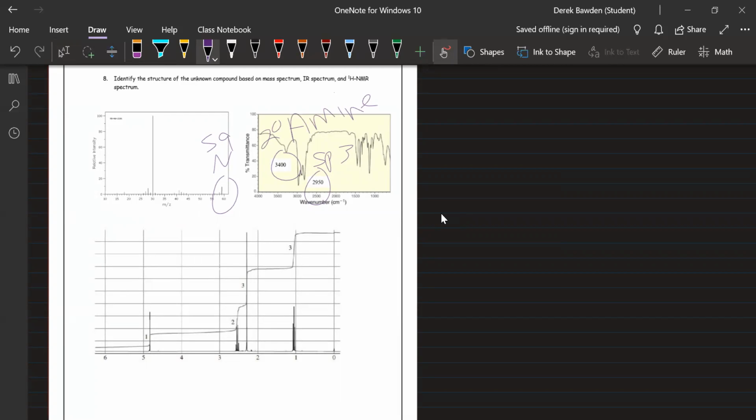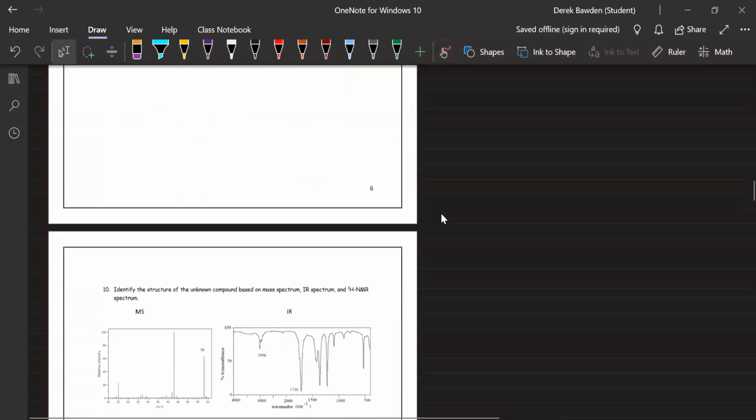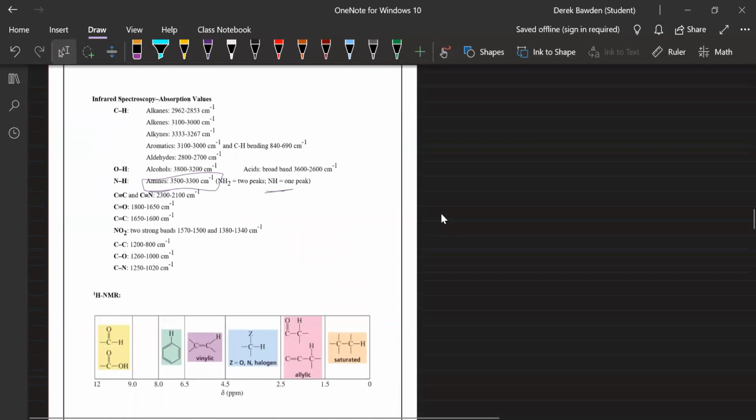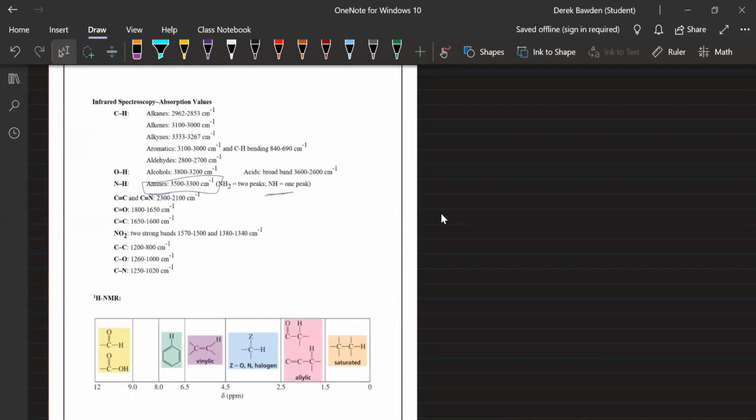Okay, so now let's look at our HNMR. We've got 1 hydrogen with 0 neighbors. And what are the ones we know between 4 and 5? Let's go look at our HNMR thing here. Between 4 and 5, what do we see? Vanillic. It's either going to be vanillic.